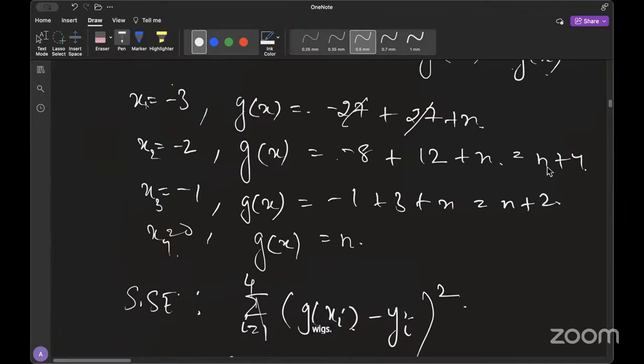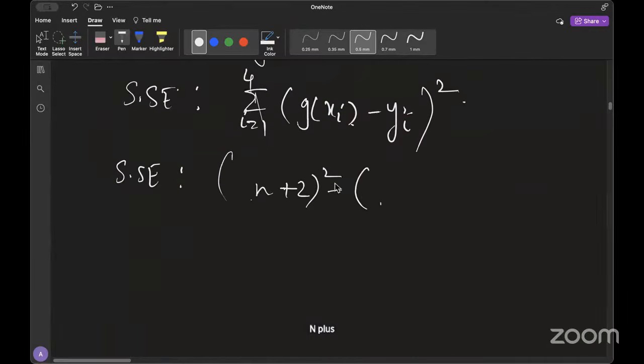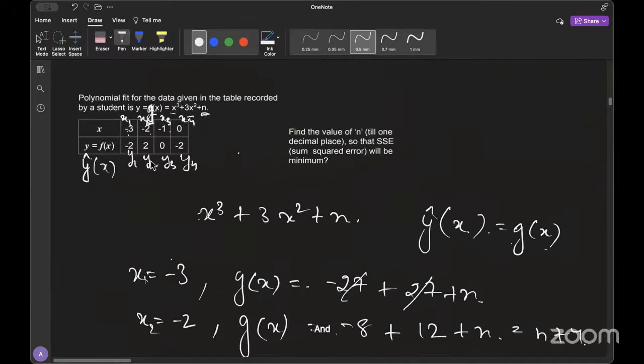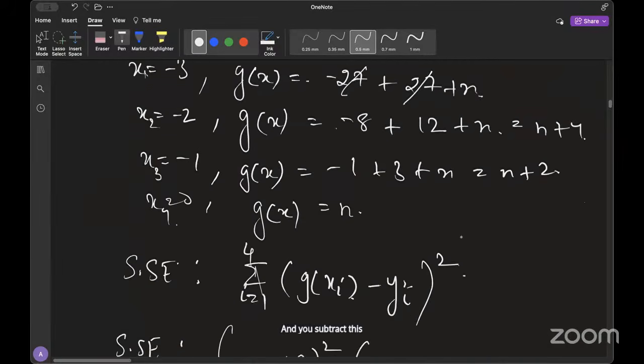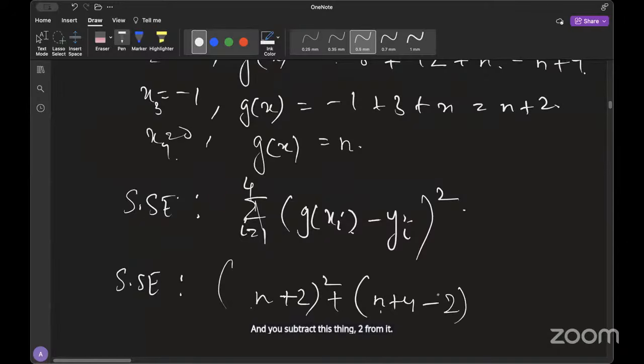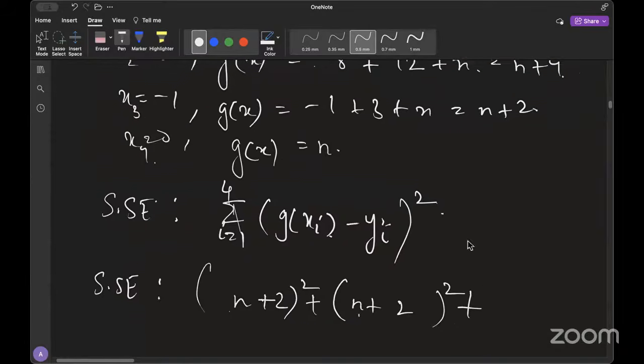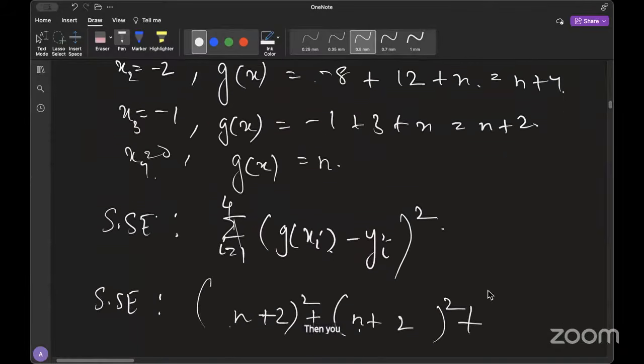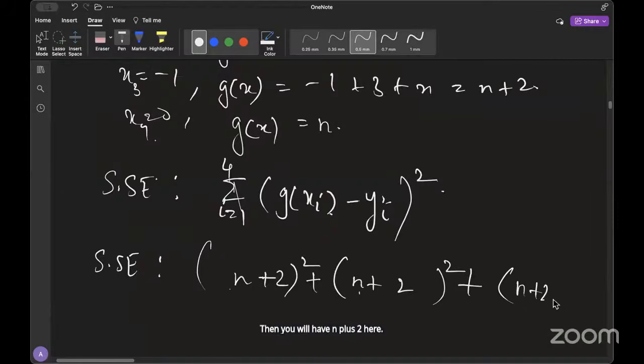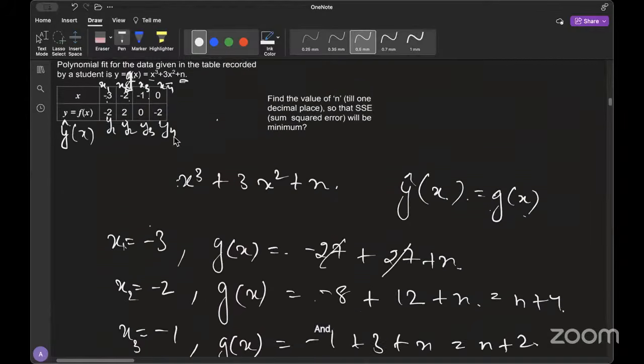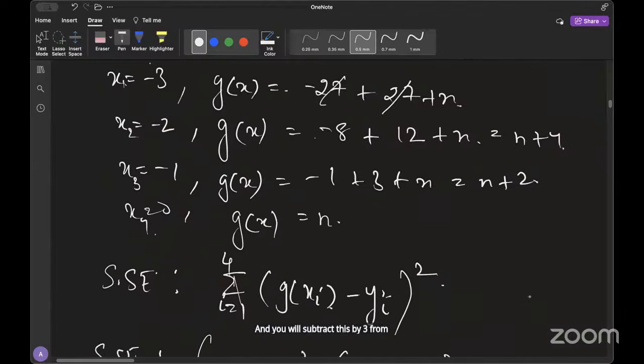Then you have n plus 4, and you subtract this thing 2 from it. So you'll get again n plus 2. Then you will have n plus 2 here, and you will subtract 3 from it, which is 0.